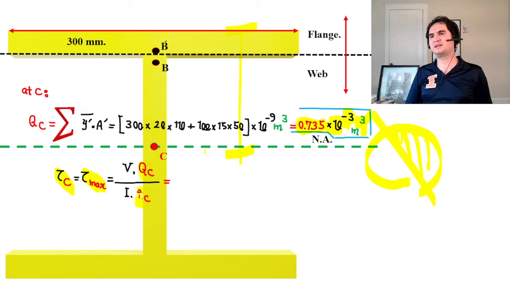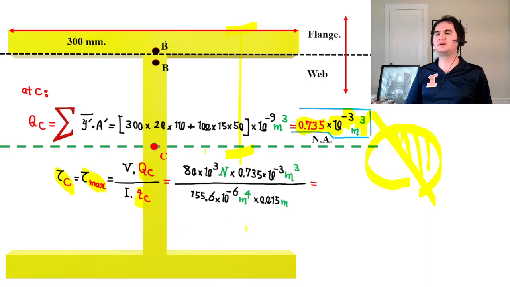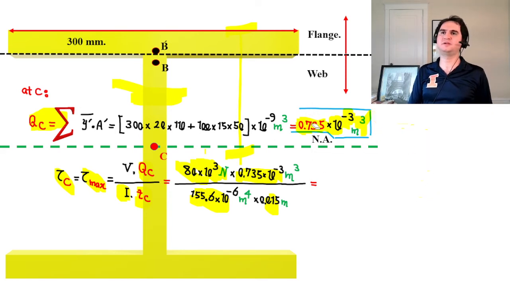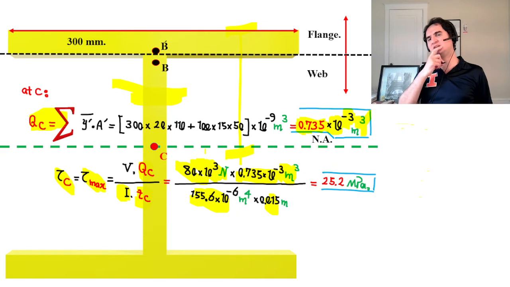Let's verify that. Force remains the same, total I remains the same, thickness goes by the thickness of the web, and Q comes from here. We replace the numeric value of Q from here into our equation, and it gives you 25.2.